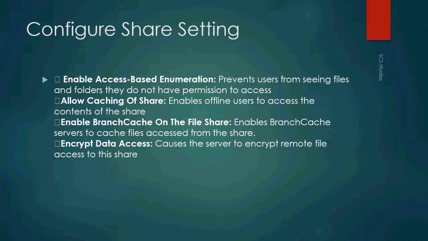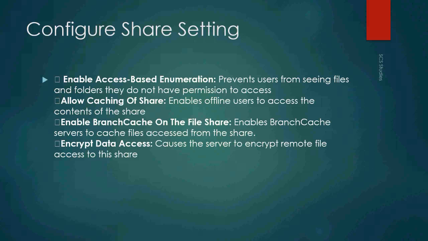Okay. The next is enable branch cache on the file server. Enable branch cache server to cache file access from the share. This is a feature which basically reduces the processing time or access time of frequently used files.